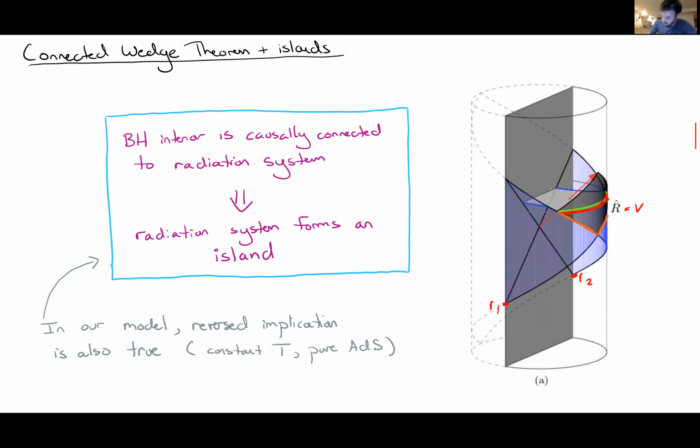The theorem then concludes that V attaches to the entanglement wedge of V, that is, to the brane. In island black hole language, that means the radiation system is forming an island. So the punchline is that if the black hole interior is causally connected to the radiation system through this auxiliary geometry, then the radiation forms an island.